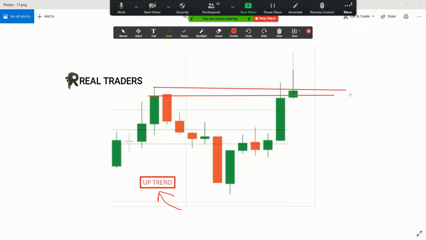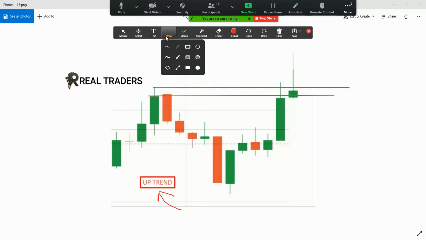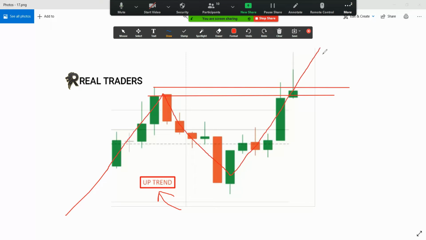Okay, so this level. It was a very good answer. As I mentioned in the previous class about the trend movement, the uptrend moves like this. This is the pattern of the uptrend move, and you can see it easily broke this level. There is no respect of the previous level.